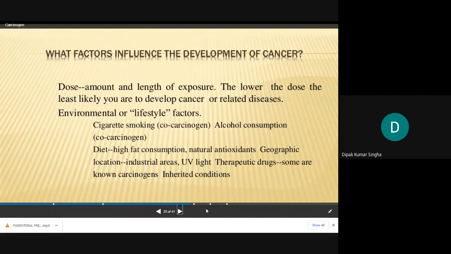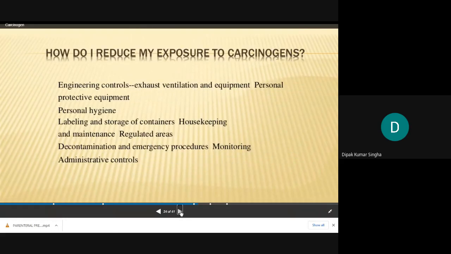And therapeutic drugs are sometimes carcinogenic, for example diethylstilbestrol and some hormonal therapy, which also cause cancer. So these are the agents which cause cancer, depending not only on the carcinogen but also on the amount and length of exposure.